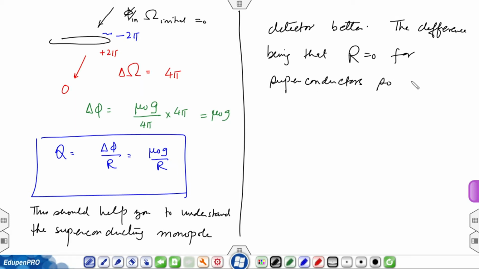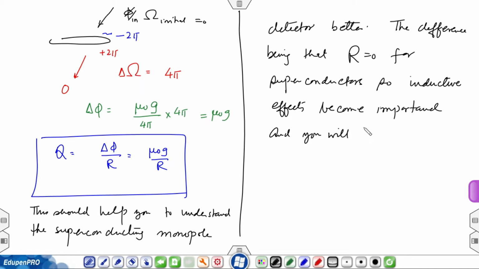So, inductive effects become important, and you will have L, the inductance, in your answer. That's problem number 1. Let's go to the next problem.